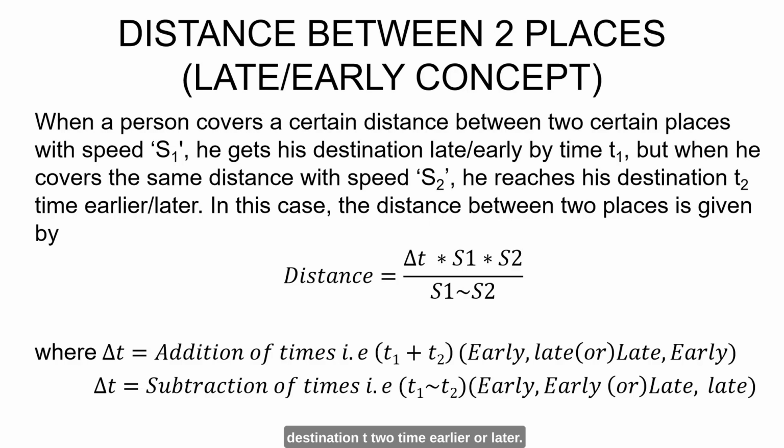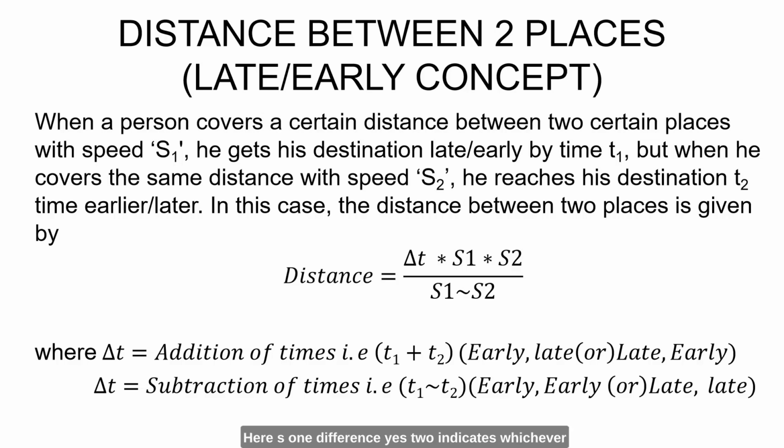earlier or later. So it is being stated that a person is covering a certain distance with speed s1 such that he reaches late or early, and when he travels to the same destination with speed s2, he might reach early or late. In such cases, the distance between the two places can be determined using the formula distance is equal to del t multiplied by speed of first journey multiplied by speed of second journey, the whole divided by s1 difference s2.